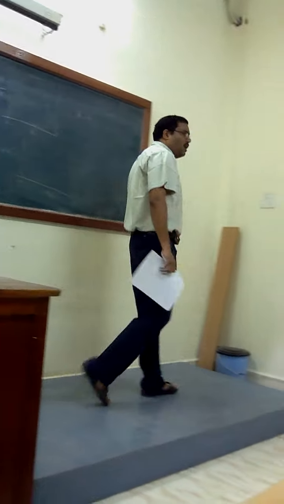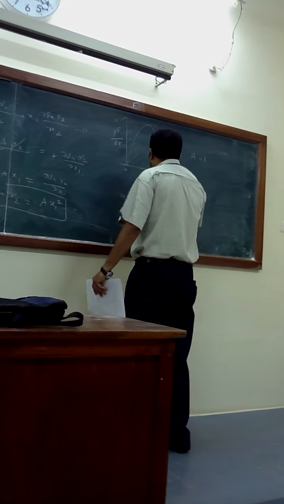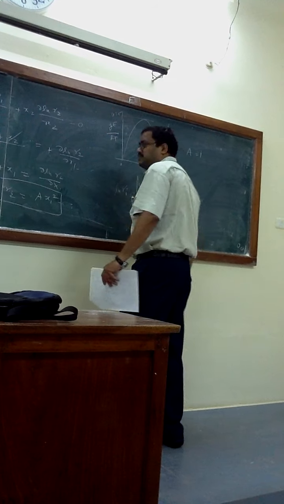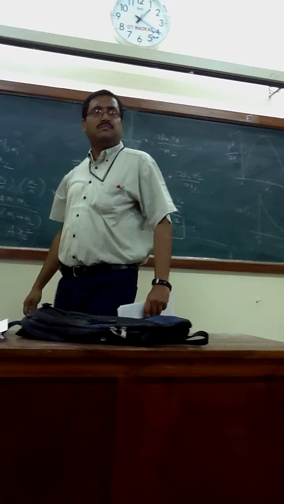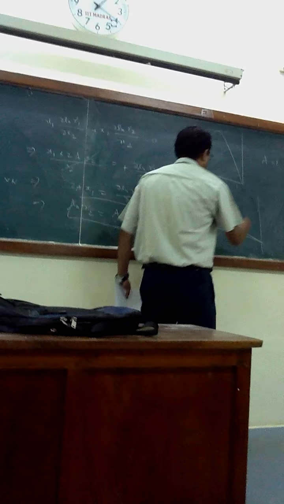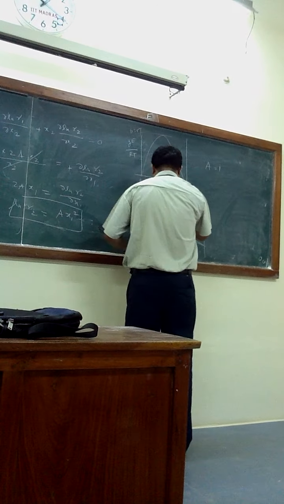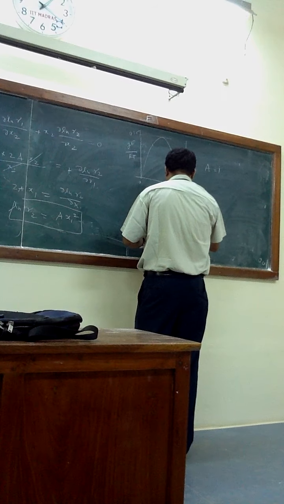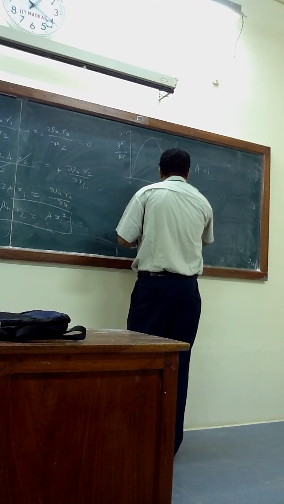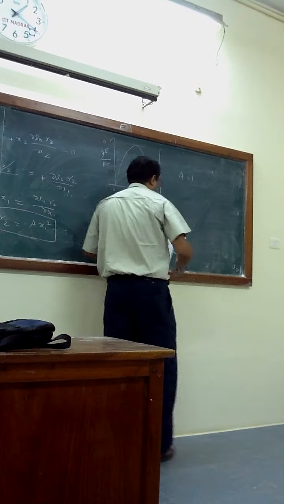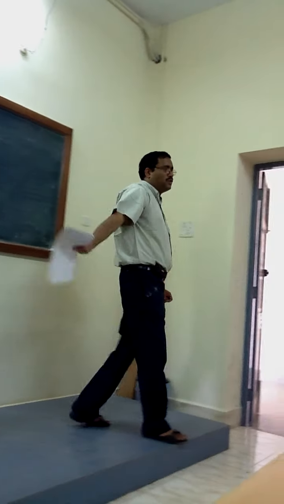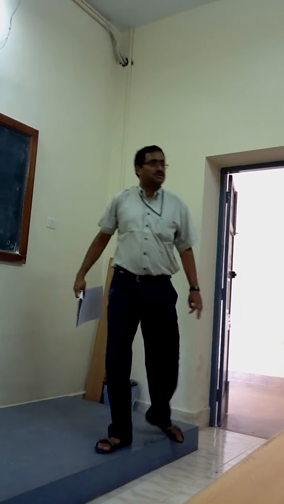It is again a parabola. This is ln gamma 1. Understood? Depending on the value of A, you have the gamma 1 values.